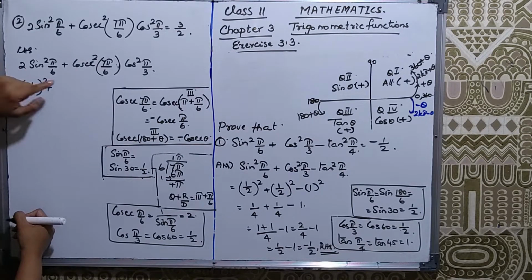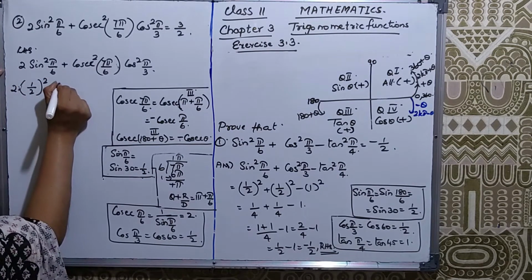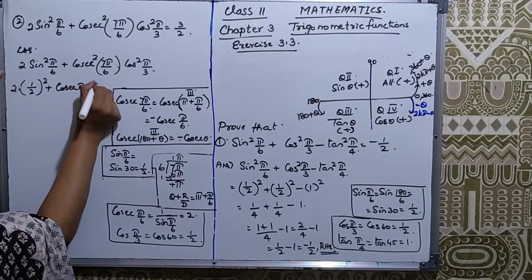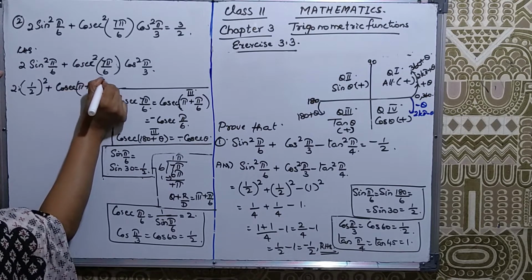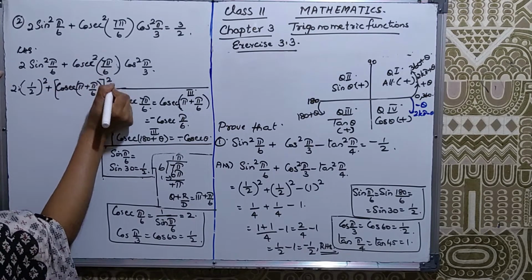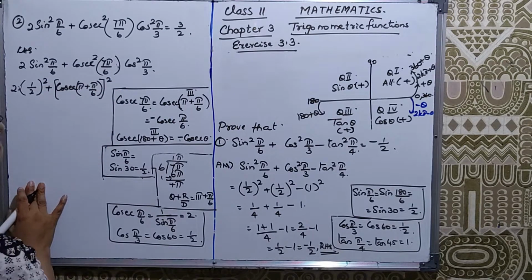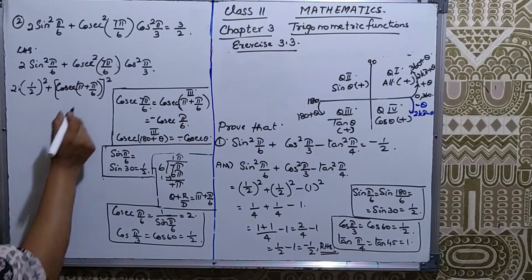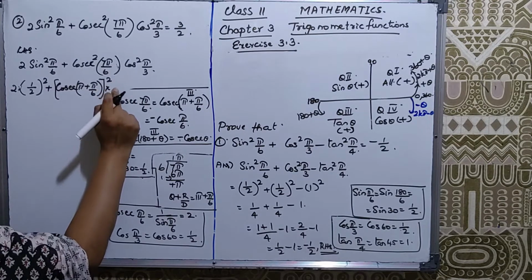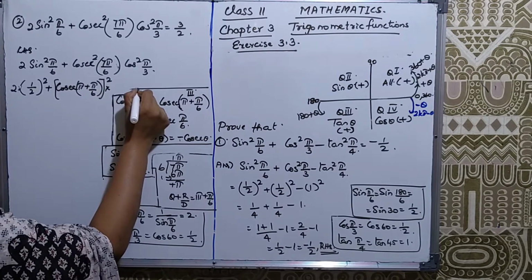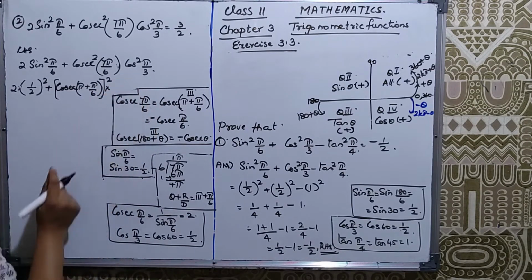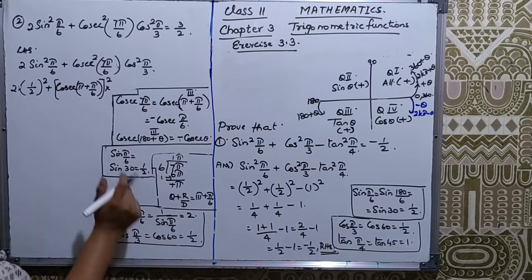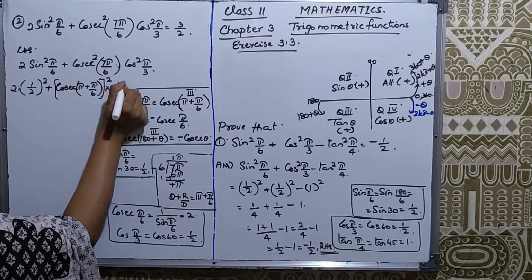Plus cosec 7 pi by 6, I'll write one time as cosec of pi plus pi by 6 the whole square, into cos squared pi by 3, not cosec squared. Cos pi by 3 is cos 60. Cos 60 is half. So 1 by 2 the whole square.